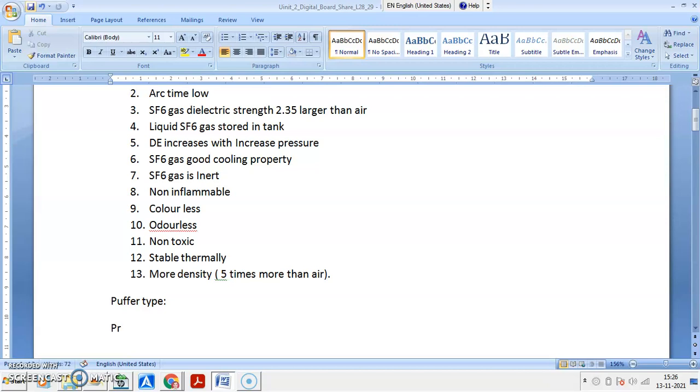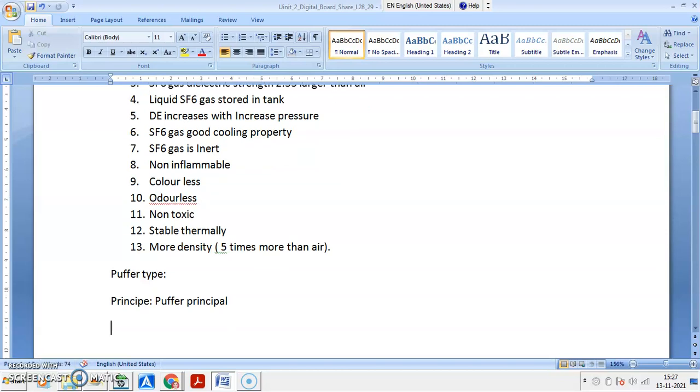Because it works on the principle of buffer. Working principle is buffer, so it is called a buffer type SF6 gas circuit breaker.